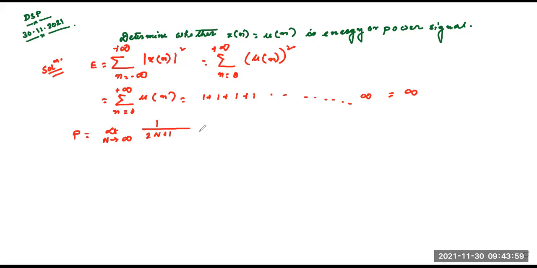1 by 2N plus 1, summation of n equals minus N to plus N, x of n square.